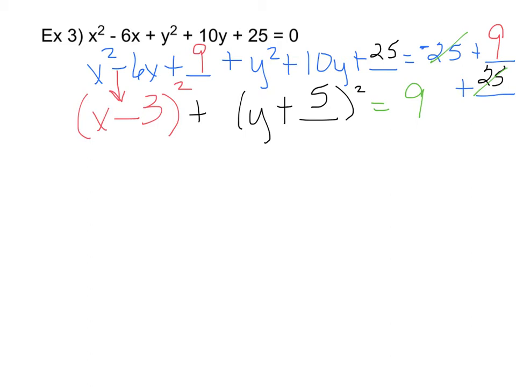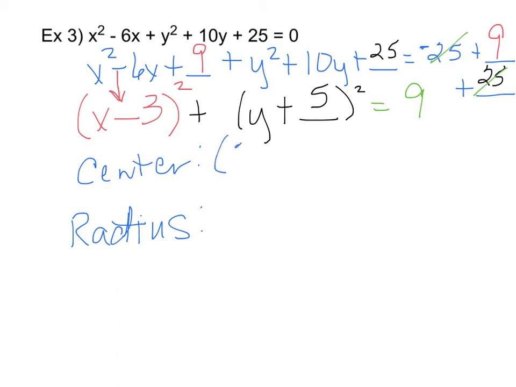Awesome! So if I want to identify my center and my radius, what is the center of this problem? Oh, I need to learn how to spell radius, huh? Let's try that again. The center, remember, whatever's in the parentheses, it's opposite of what it looks like. So if I have an x minus 3, the x-coordinate is actually a 3, good, and the y-coordinate is a negative 5, right on.